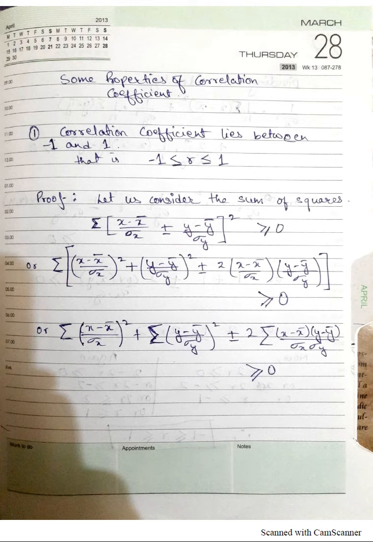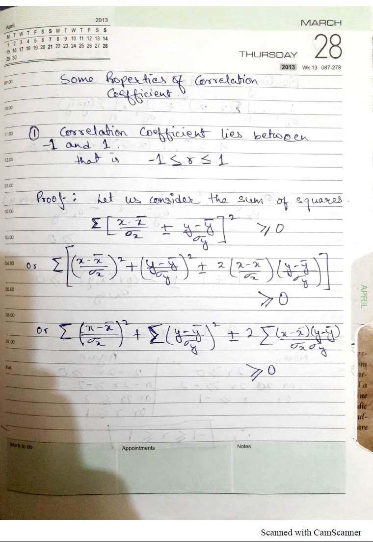So in an exam, if you get an answer that is less than -1 or greater than +1, then you automatically know that you have made some mistake in your calculation.